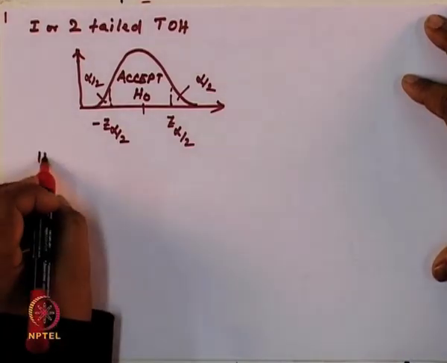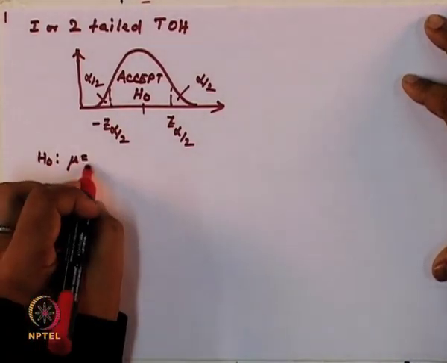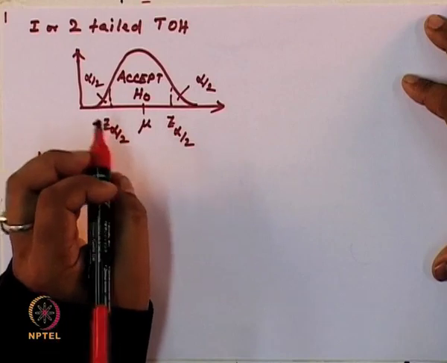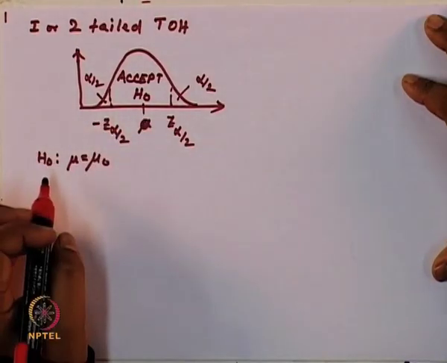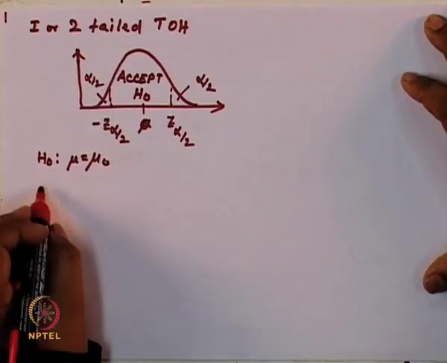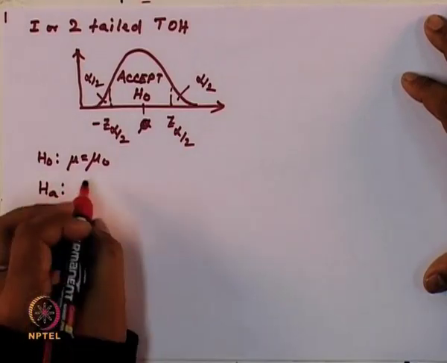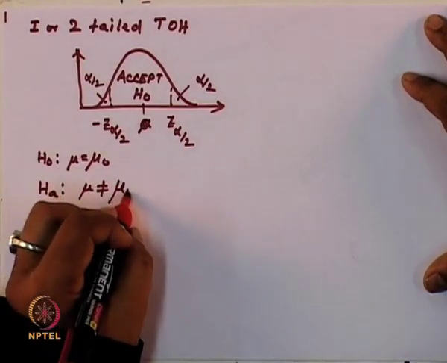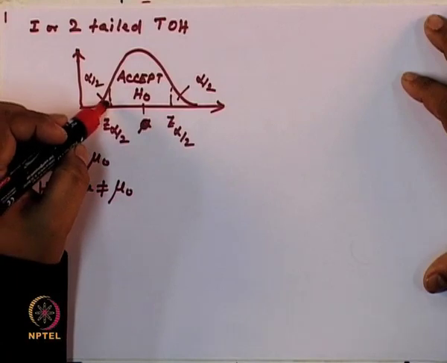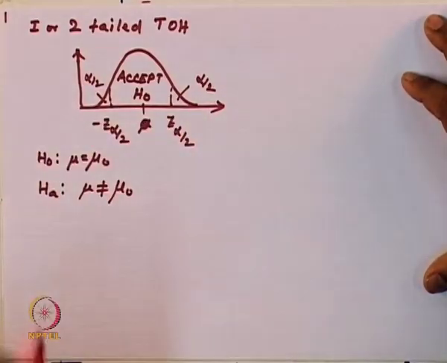Let us say your H naught is mu equal to mu naught. Then this value becomes 0 after you normalize for a standard normal variable. And your alternative hypothesis H A is mu not equal to mu naught. That is why you consider both the tails, the left tail and the right tail, and that is why it is called a two-tailed test of hypothesis.